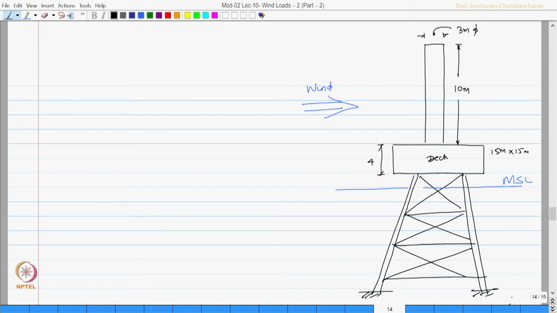So, what is asked in this question or the example is: determine the total wind force F acting on the deck and a derrick column.